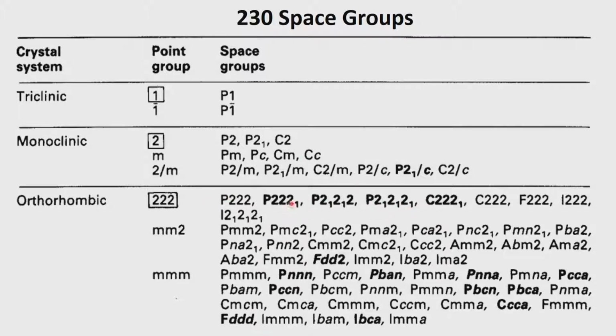We have discussed P2 2 2 and P2 1 2 1 2 and P2 1 2 1 2 1 in great detail. We can also have a crystal system with a space group C222 1, C-centered lattice. We can have a face centered lattice and a body centered lattice, and of course I2 1 2 1 2 1 is also possible.